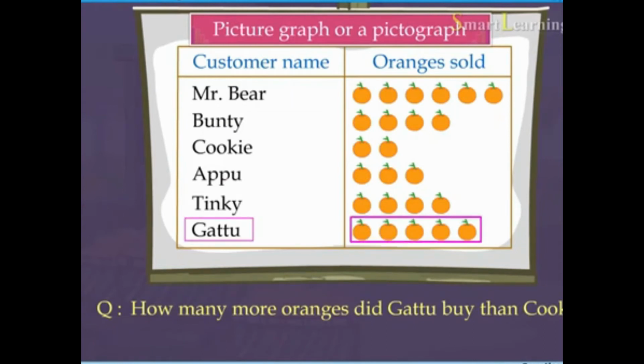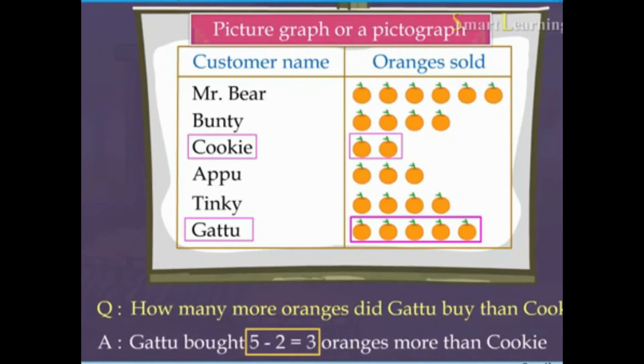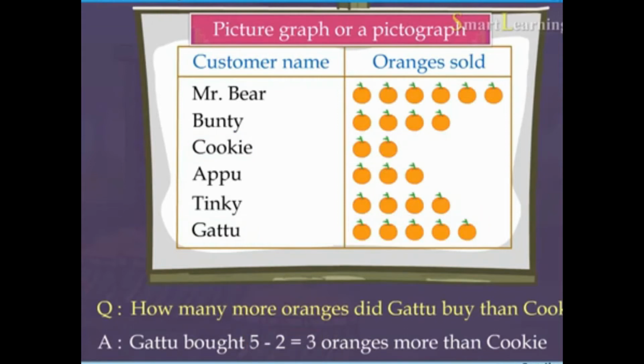Gattu bought 5 oranges and Cookie bought 2 oranges. Hence, Gattu bought 5 minus 2, that is, 3 oranges more than Cookie. Such tables are used to represent given information in short.